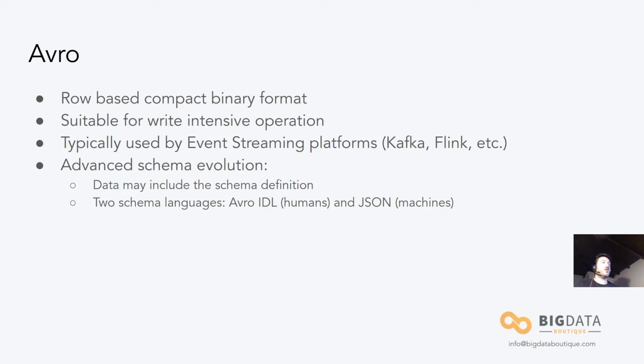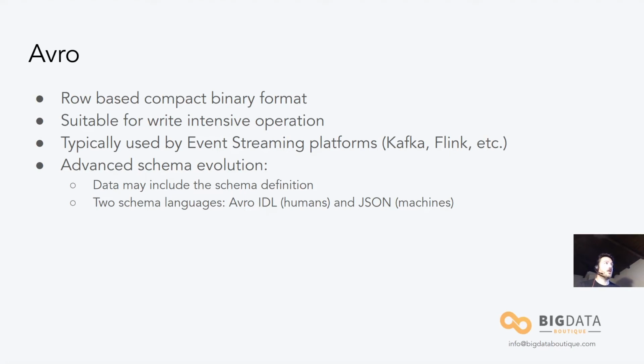So the thing with Avro is the capabilities it gives you to easily evolve your data and your schema without breaking compatibility with the services or the queries or the analytical systems using your data. That's probably the strongest point of this file format.